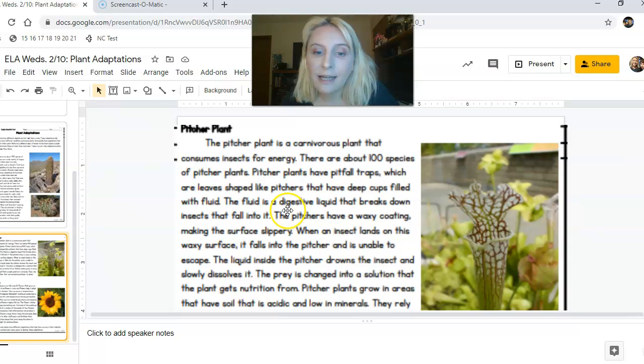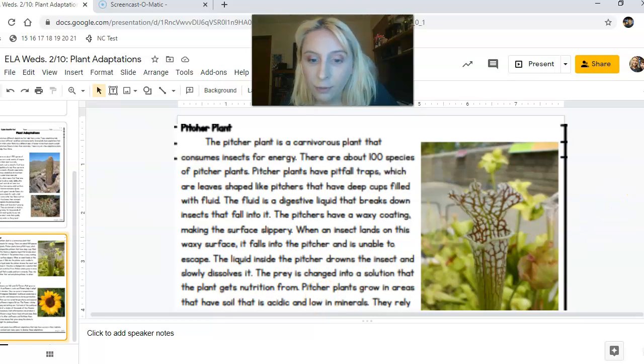The fluid is a digestive liquid that breaks down insects that fall into it. The pitchers have a waxy coating, making the surface slippery. When an insect lands on this waxy surface, it falls into the pitcher and is unable to escape. The liquid inside the pitcher drowns the insect and slowly dissolves it. The prey is changed into a solution that the plant gets nutrition from.